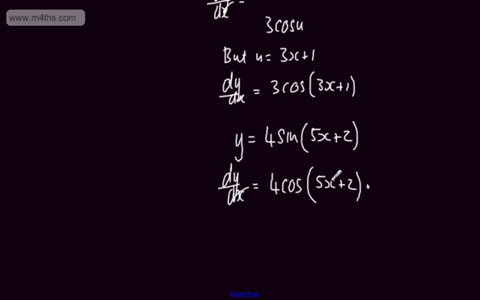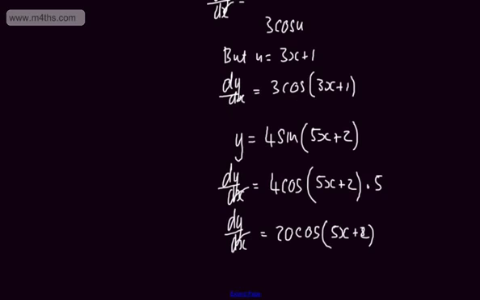The derivative of 5x plus 2 is simply 5. So dy by dx will be equal to 20 cos of 5x plus 2, and that's the informal approach. So we differentiate the outside function, so sine x becomes cos x, we rewrite the inside function and multiply through by the derivative of the inside function.